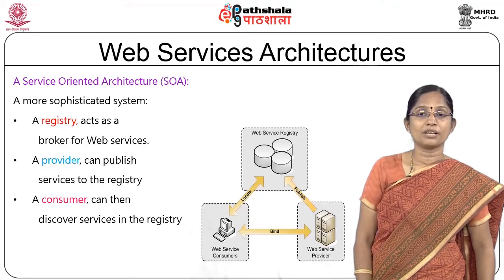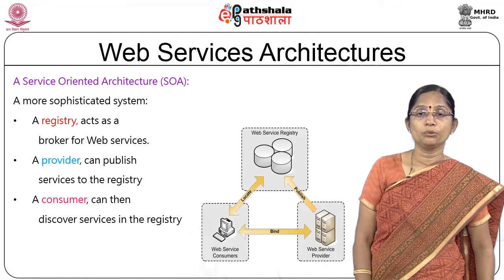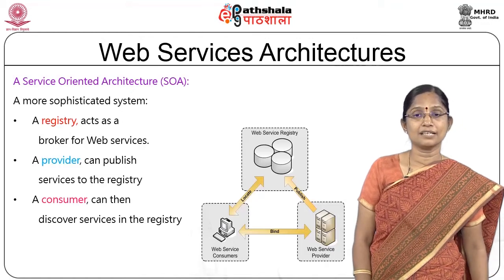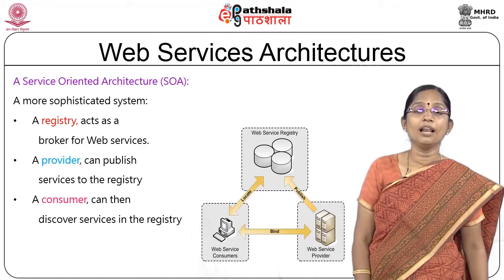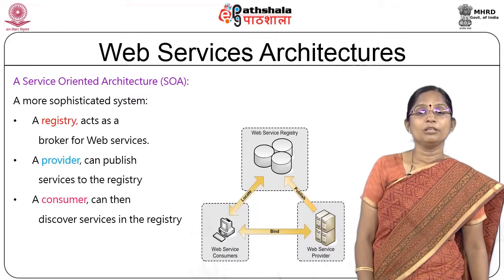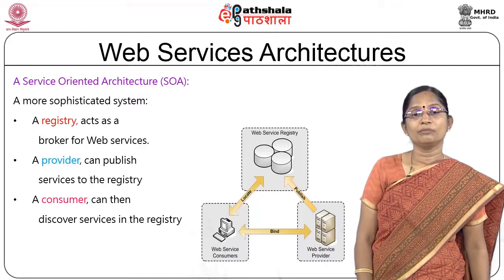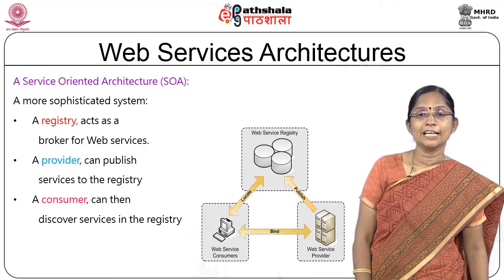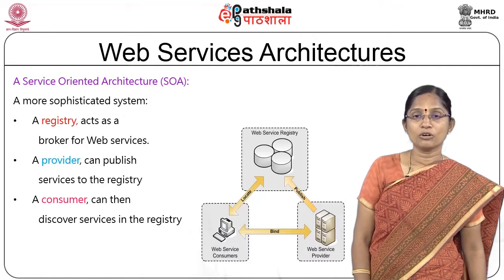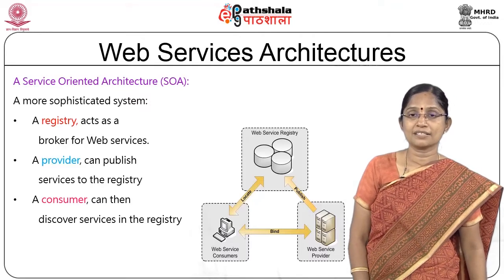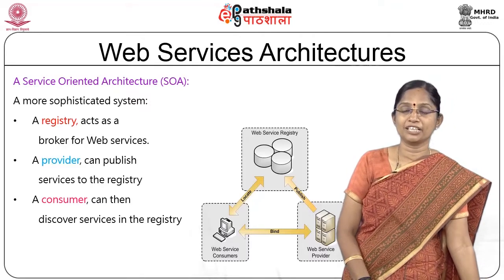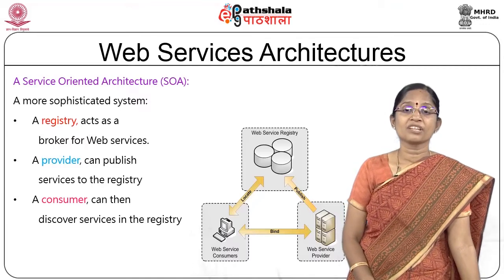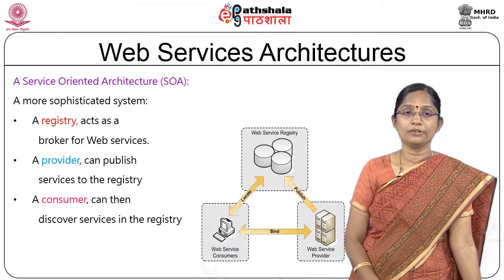After having a service, it publishes in the UDDI saying that these are the set of services available with it. So it publishes all of its services to the registry. The registry is like an index, or a broker, which consists of the number of services, who is providing each service, and what the URL of that particular service is. All of these things are stored in the UDDI registry.